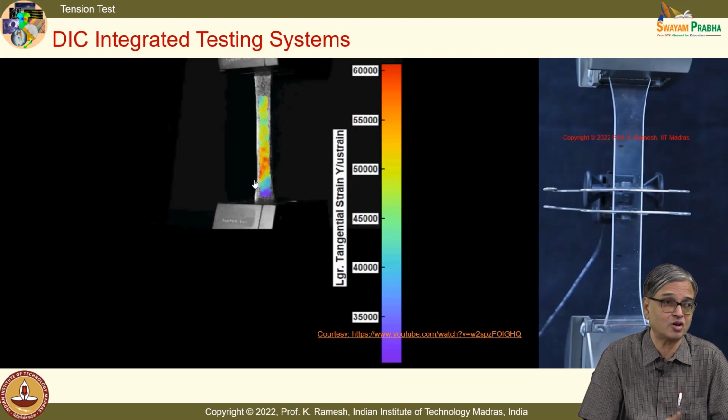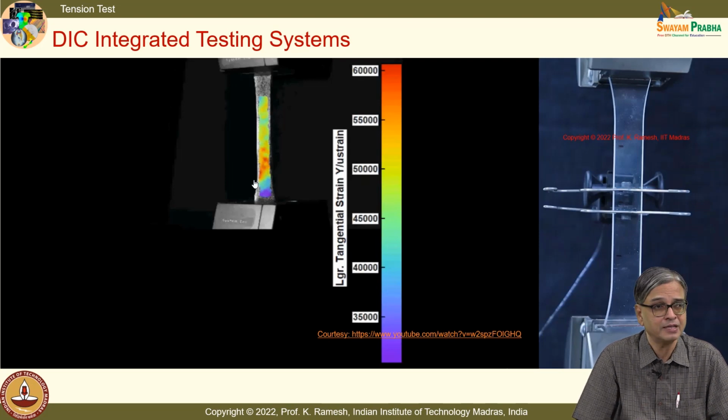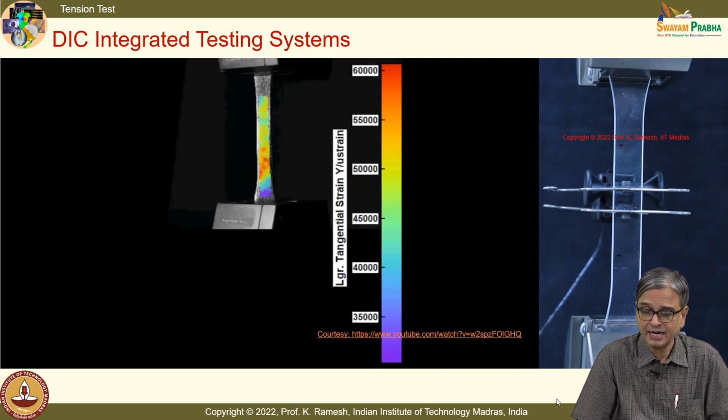You have Instron and MTS, there are companies in India, you have many such systems available, and people have to test the materials. And here you have how a brittle material fails. See, if I have a photoelastic material that we have used, epoxy, epoxy fails in a brittle fashion.